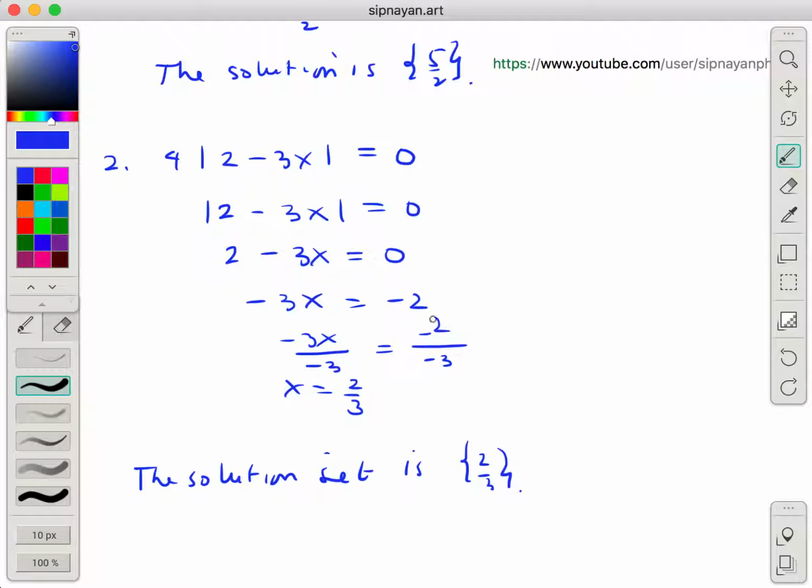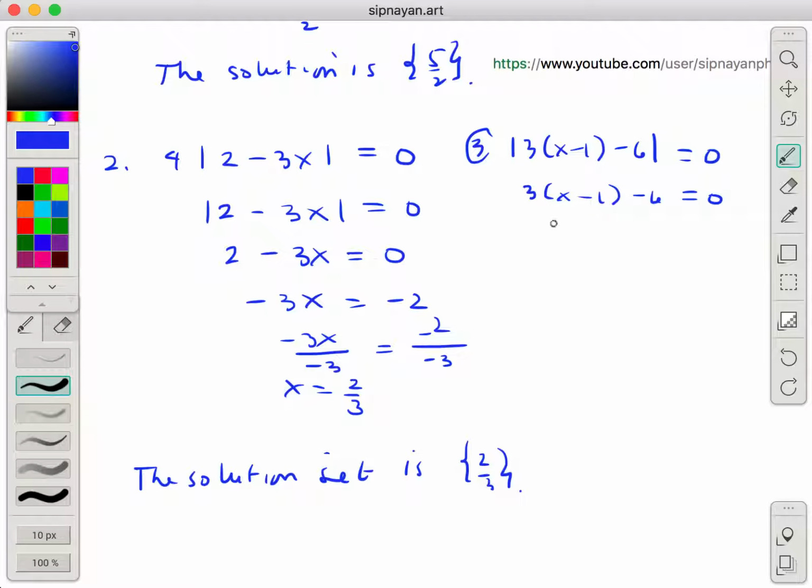Okay? So, last example, number 3. We have the absolute value of 3 times the quantity x minus 1, and then minus 6 is equal to 0. So, we just remove the absolute value sign. We have 3 times the quantity x minus 1, minus 6, is equal to 0.